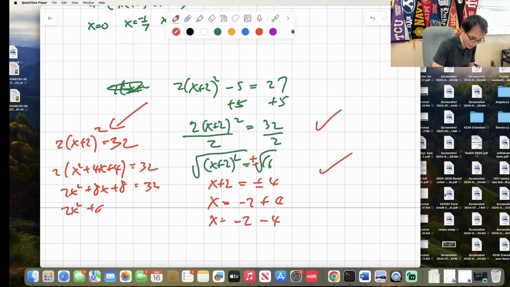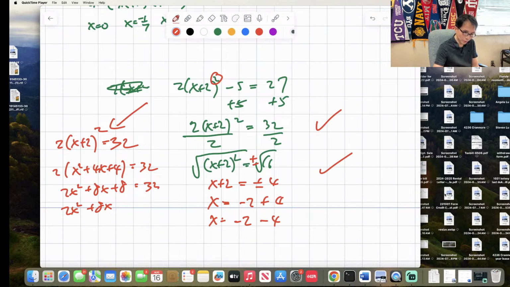If they got, say, x equals 2 and didn't get the other one, how many checks? I'll give them 1 check out of 2 because that's still half the answer. But technically, if you ever see x to the second degree, you should have 2 answers.